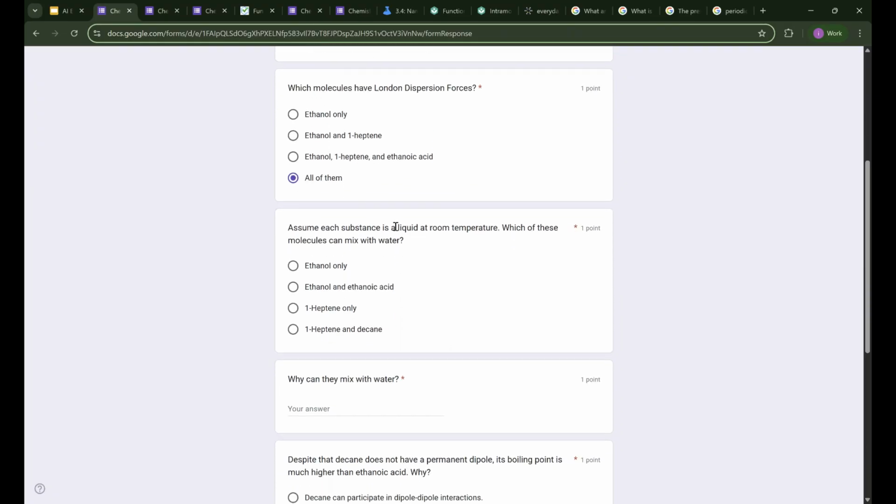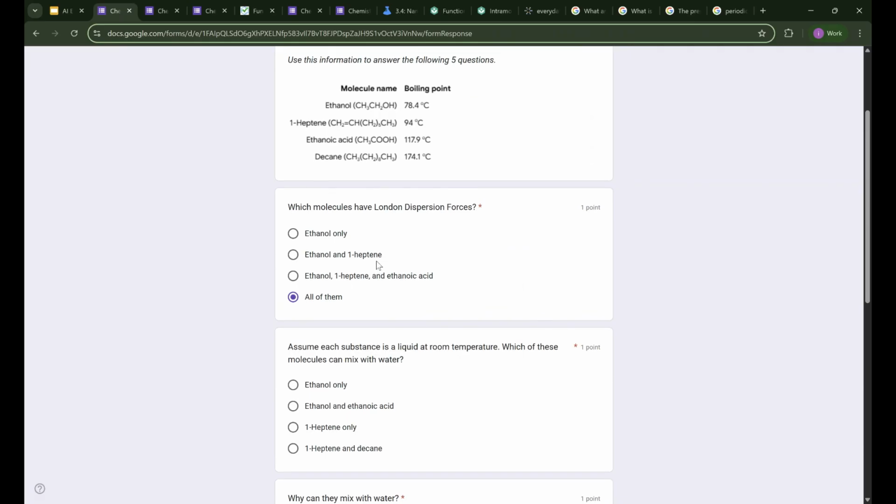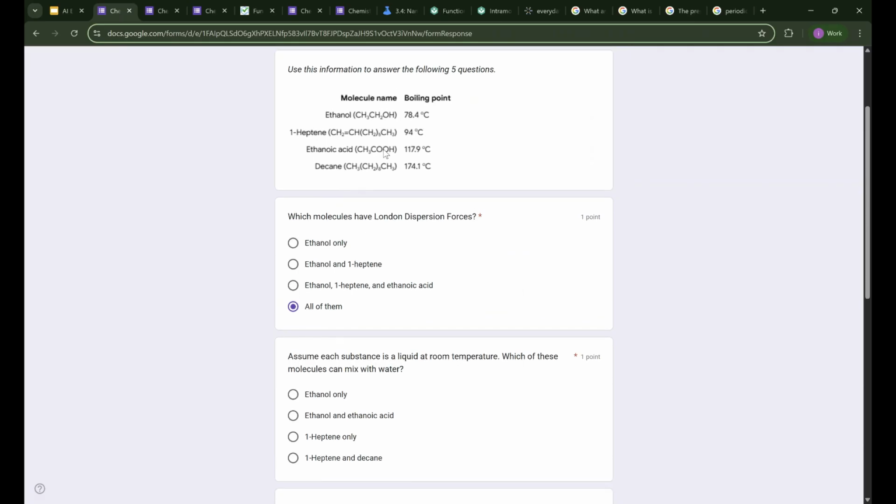Assume each substance is a liquid at room temperature. Which of these molecules can mix with water? So it would be the one that's polar, I believe. So ethanol definitely because of the alcohol group. Ethanoic acid, I'm not quite sure. Oh, it's right here.